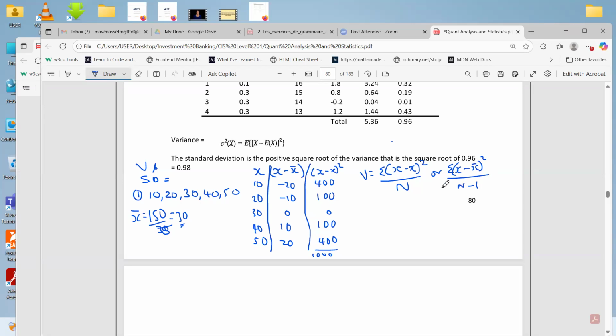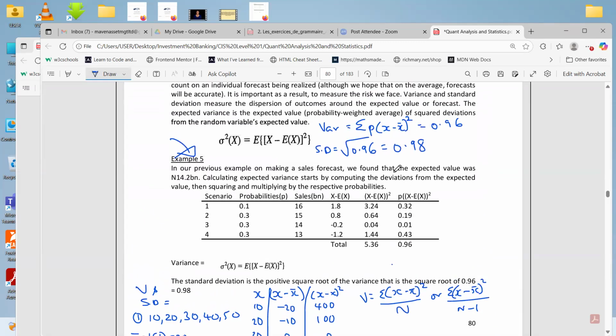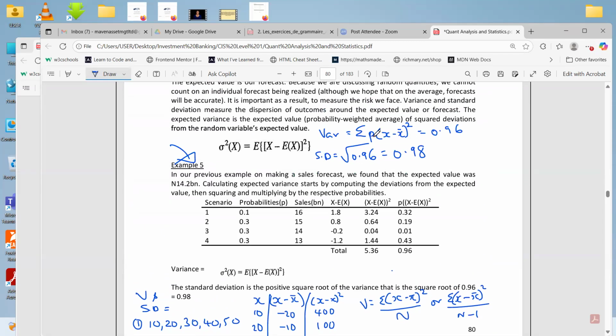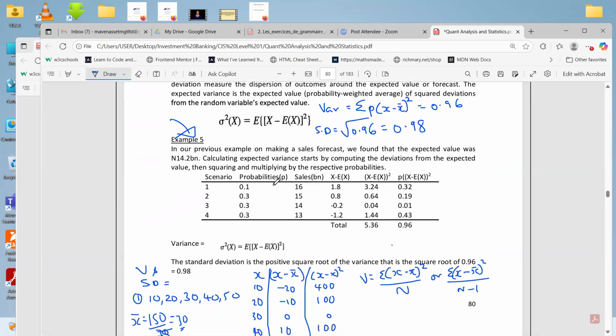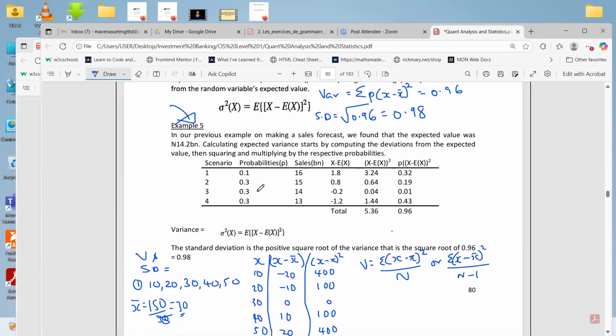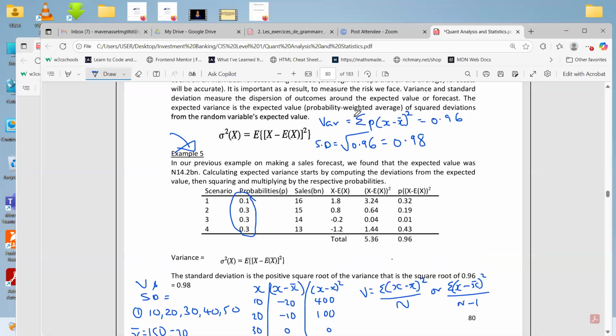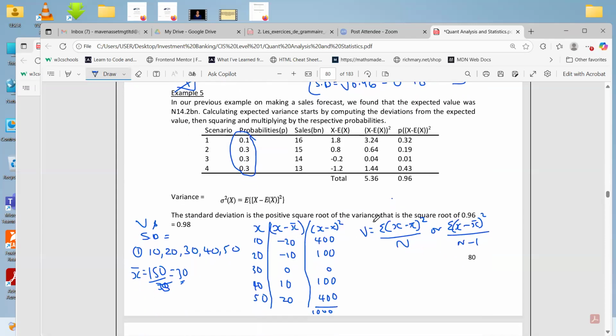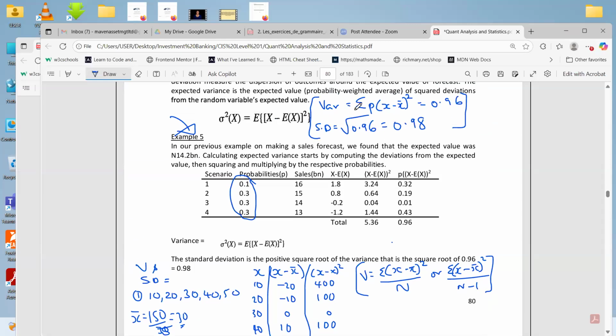Now, this formula you are seeing here is the same, give or take, as this one when you are given probabilities. That's just the point. Look at the formulas here. It's the same as what you have here for variance, but you use this when your question contains probabilities.